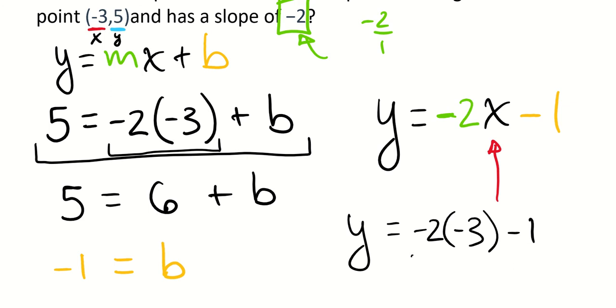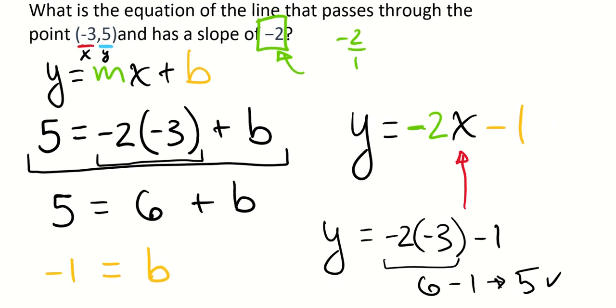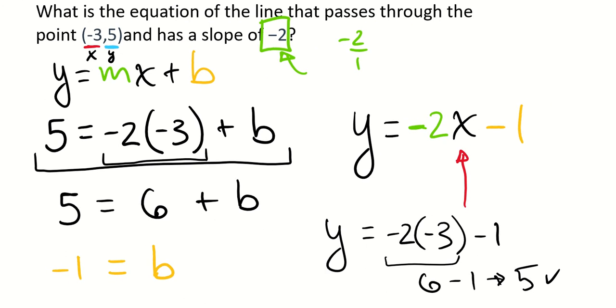Well, -2 times -3 is +6, and 6 minus 1 is the number 5, which is exactly what it should be because that was the point that I had. Y is supposed to be 5. So this is how we find the equation of a line when we're given a point and the slope.